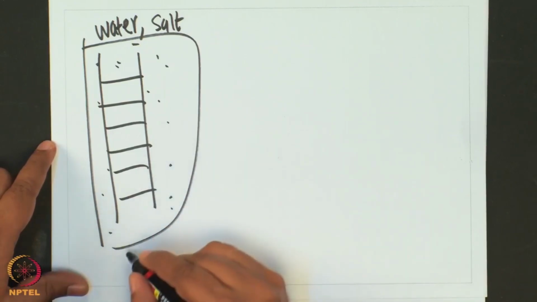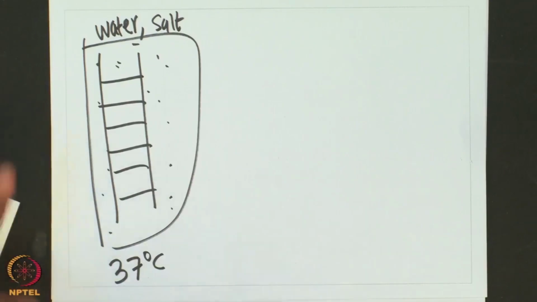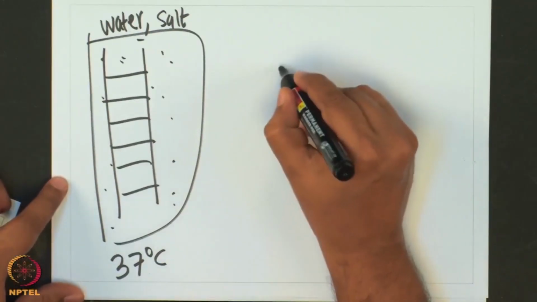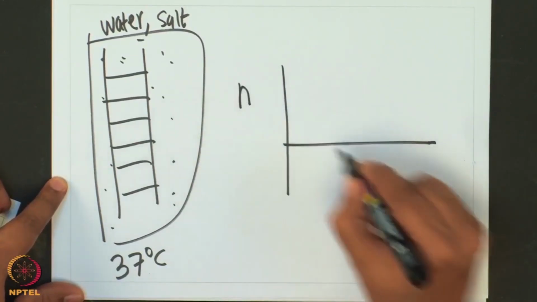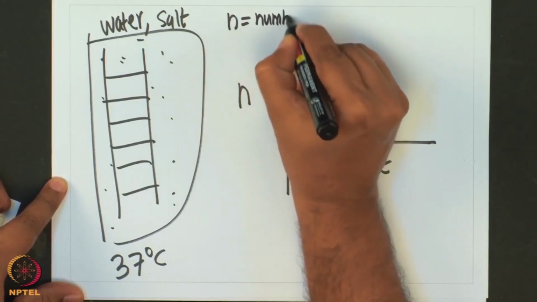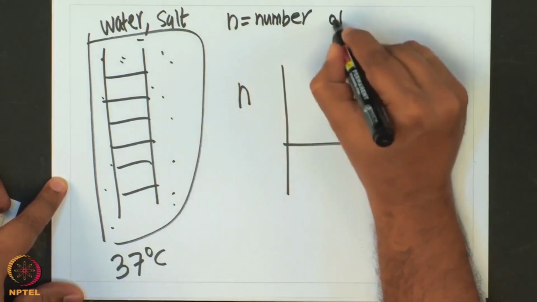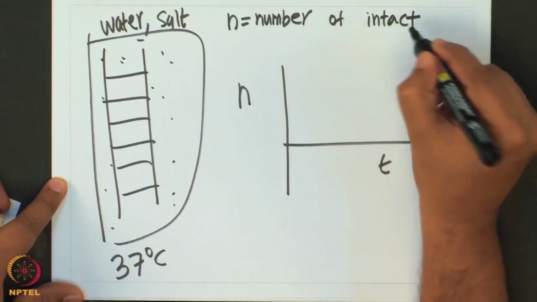But only DNA, and the temperature is 37 degrees Celsius. And then we will plot n as a function of t, where n is the number of intact bonds as opposed to the broken.